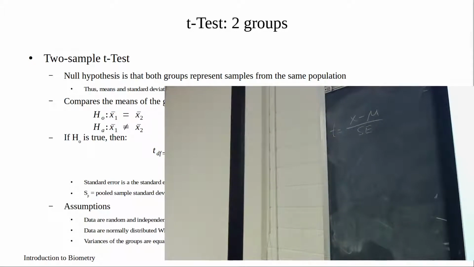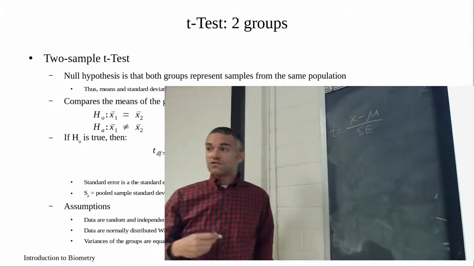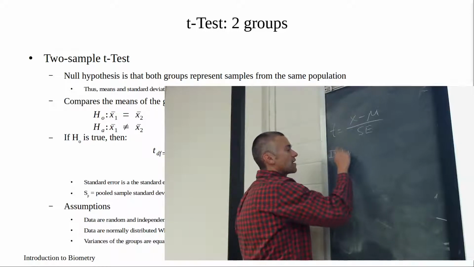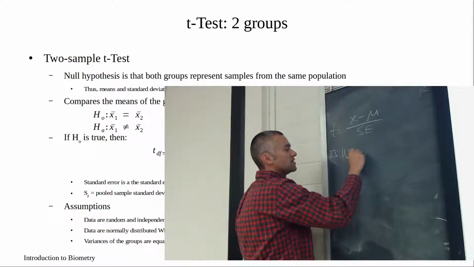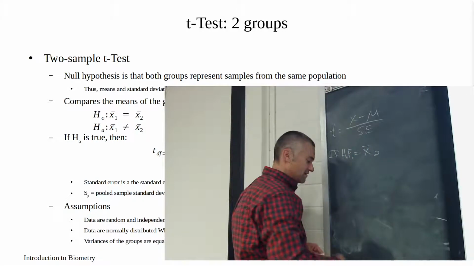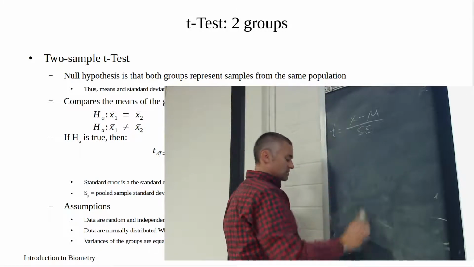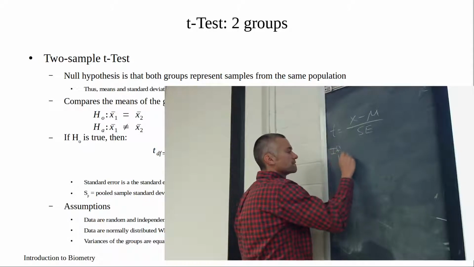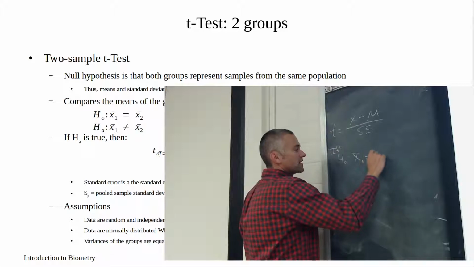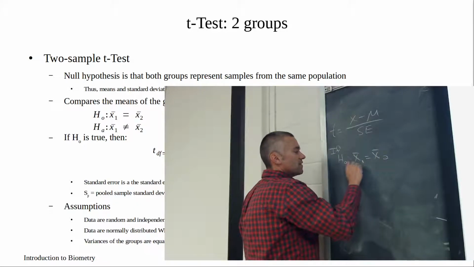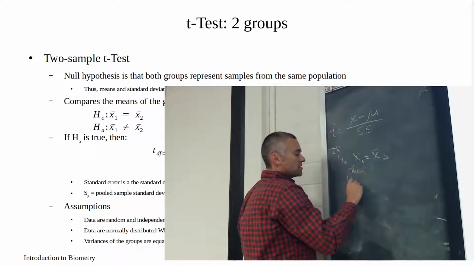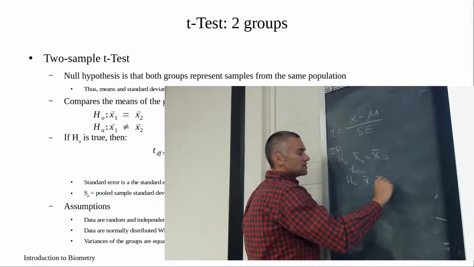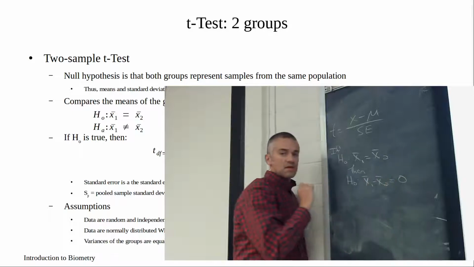If we think our means are equal, so our hypothesis is that x bar 1 is equal to x bar 2, then we can change our hypothesis to say that the difference of these is equal to 0.